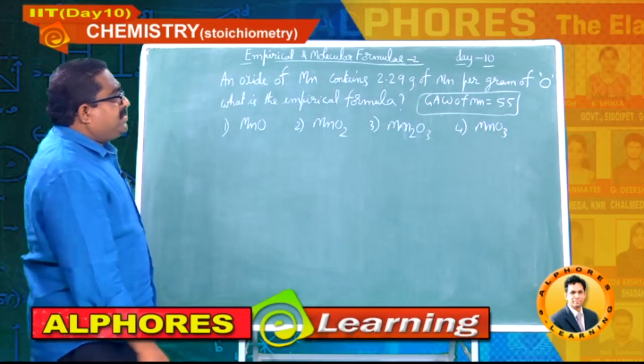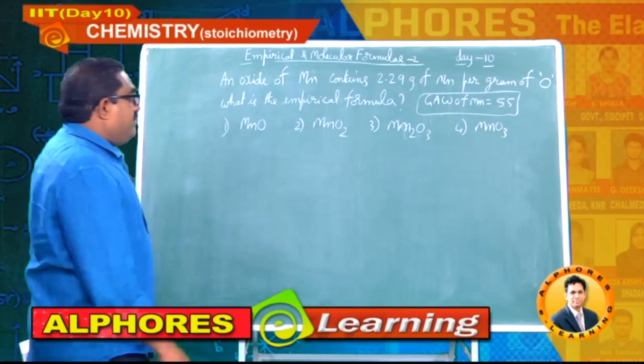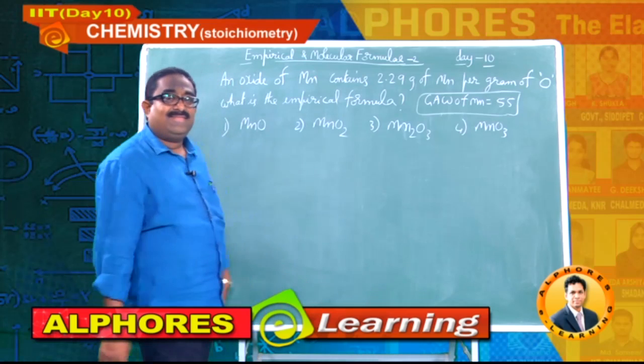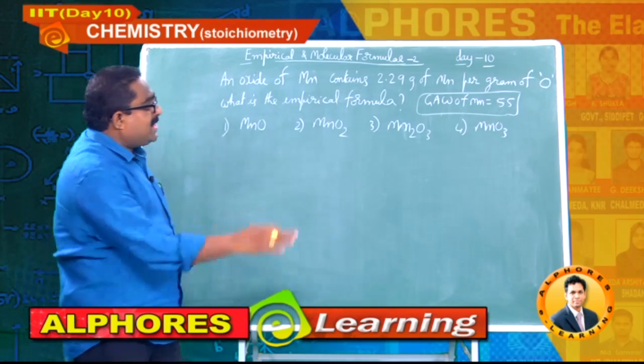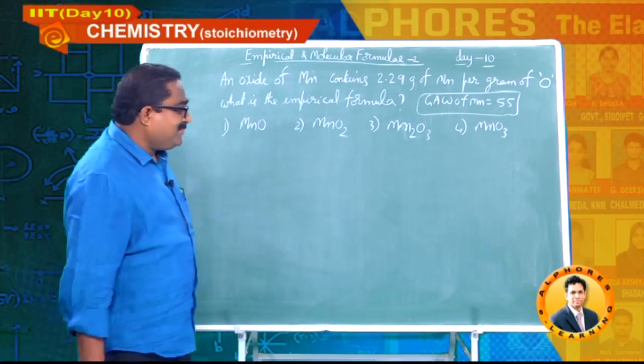Why has he given the options? Because the data is not completely sufficient to evaluate the empirical formula. So from the options side also we can go for a solution here.